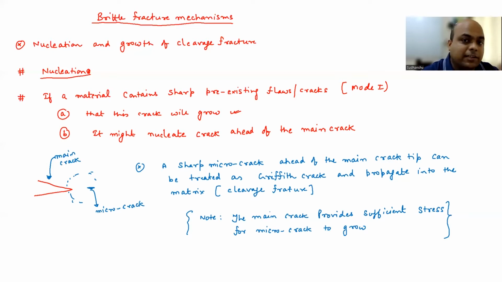And what is that discontinuity? This can be second phase particles. Okay, so in ferritic steels, you can see this phenomenon happening, that you have a main crack, and then in front of that, suppose you have a particle.